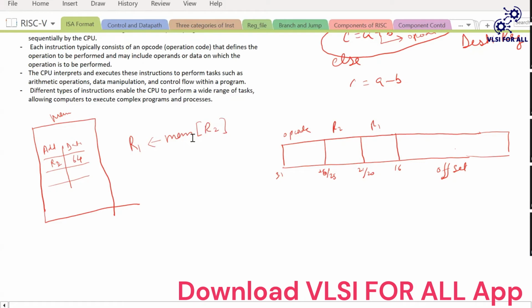This is what we call loading of a data. We go to a memory, we access the address of a particular data, and this becomes 64. Fine. Any doubt in this? This is how the load takes place.